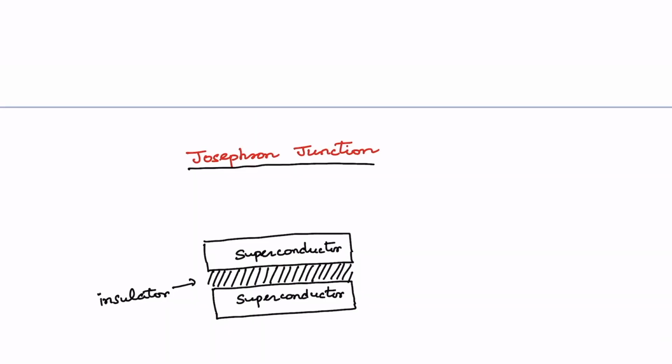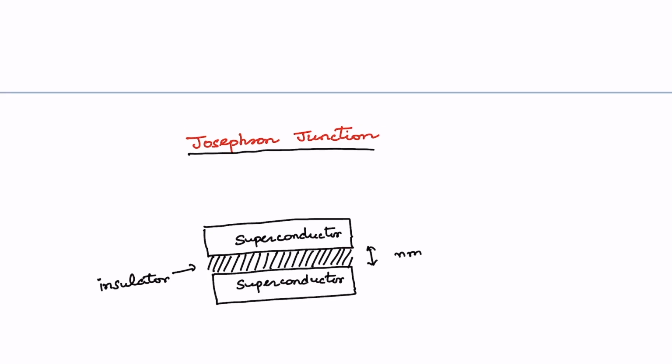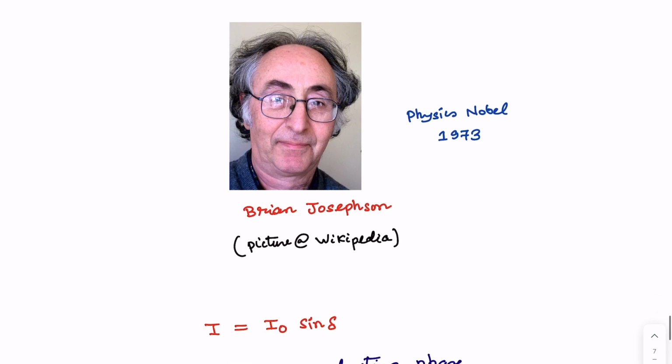A Josephson junction consists of two superconductors separated by an insulating barrier of appropriate thickness, say around 2 to 3 nanometer. This Josephson junction was discovered by Brian Josephson, and he got the Physics Nobel Prize in 1973 for this discovery.